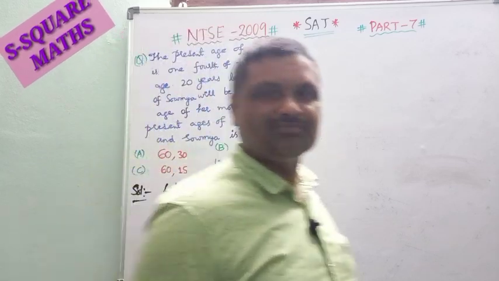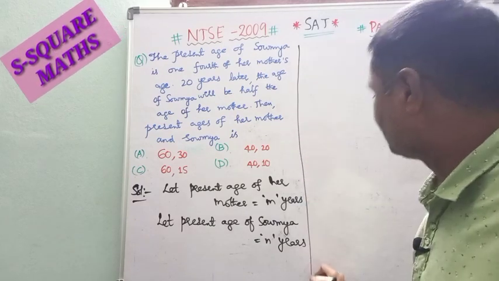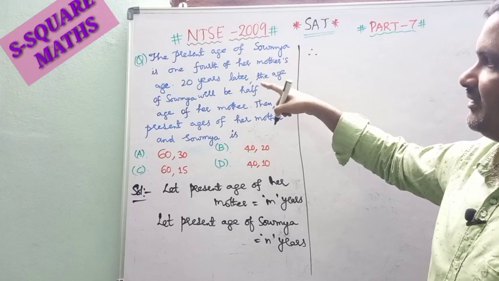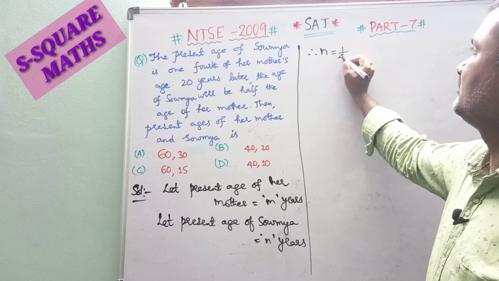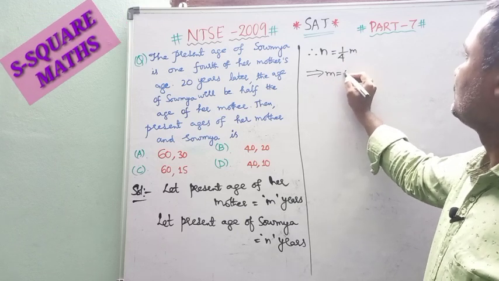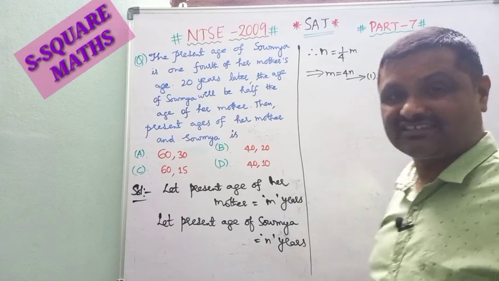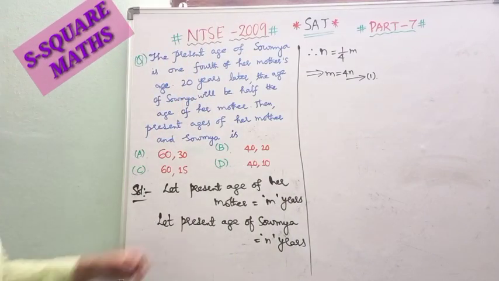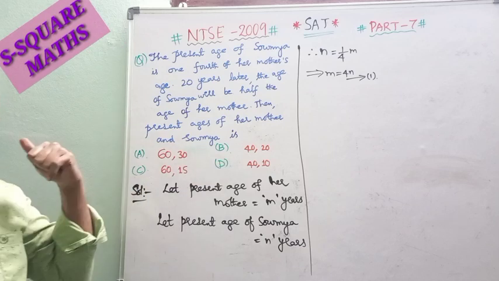Now let us go through the equations. For the first condition, the present age of Soumya will be 1/4 of her mother's age. So N is equal to 1/4 of M. If you cross multiply, you get M is equal to 4N. Mark this as equation number 1, the first equation we got. Now if you check, it will fit option C or D.